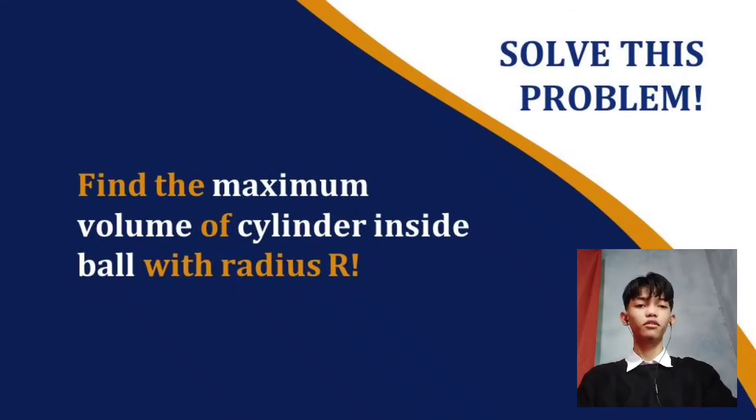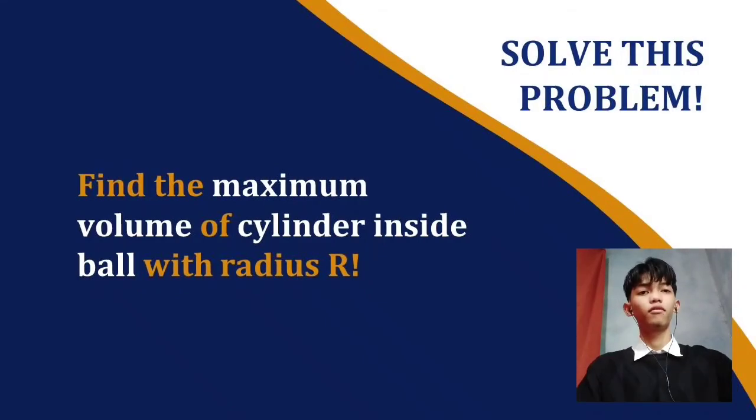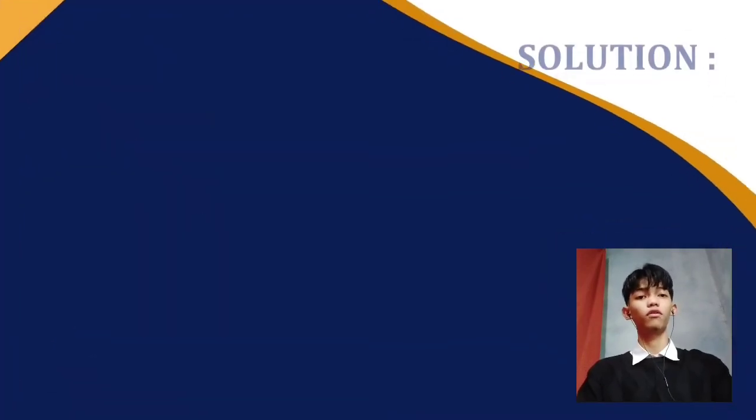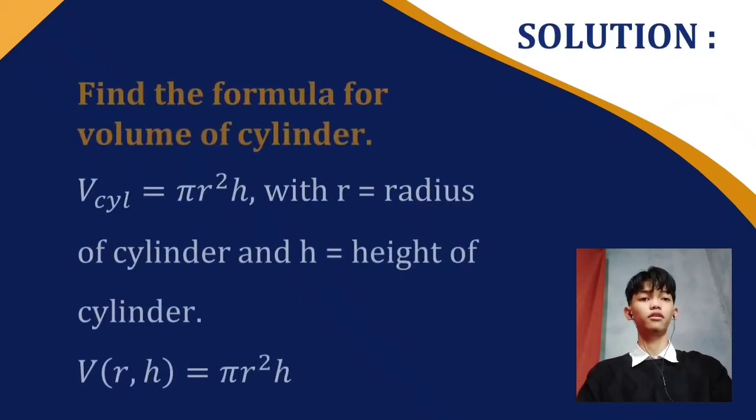Okay, to make sure we get the point from my material, we will try to solve this problem. The problem is to find the maximum volume of a cylinder inside a ball with radius R. The first step is to find the formula for the volume of a cylinder.